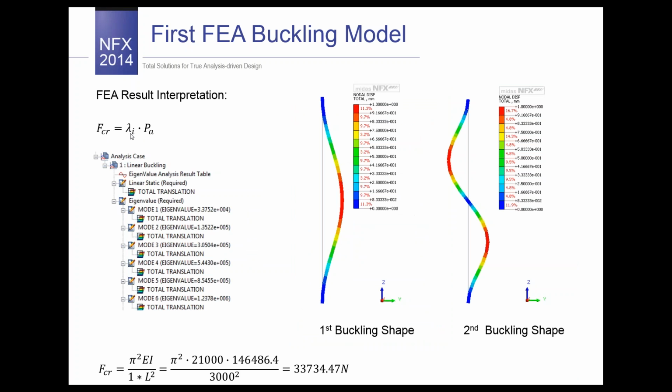So it's very convenient to add -1, because then lambda will always stand for the critical loading. So in that case, the eigenvalue equals 33,734 newtons, and we can compare this with the theoretical result, and we see it's very, very close.